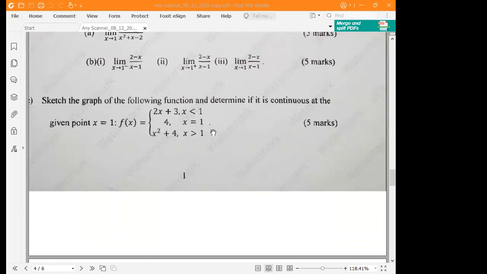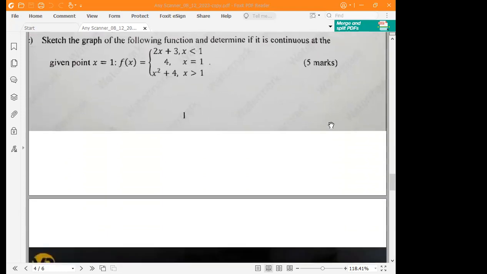Okay, so let's see how to graph. So now, the graph. We go to x is equal to 1 and substitute 1 in the top part. You get 2 times 1 plus 3, which is equal to 5.